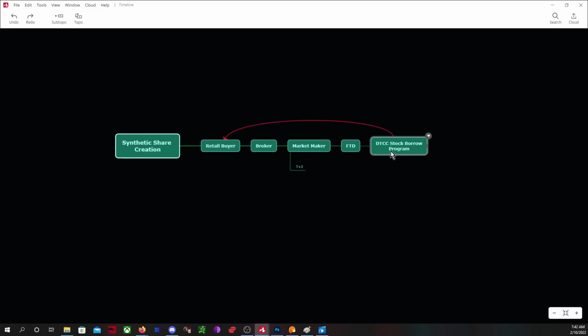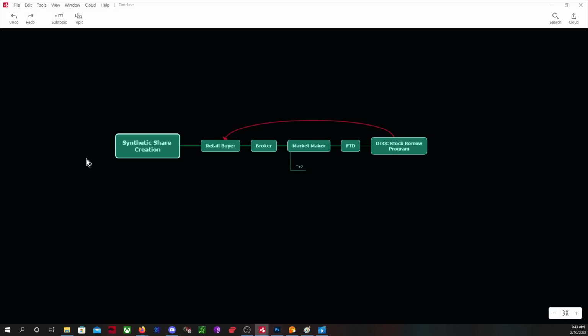So the reason that synthetic share creation destroys price of stocks is because it dilutes the value, right? Every time you print a new share in a company, that value of that company has to be split amongst that new share, right? Because you're diluting down the market cap. So that's one way that it destroys price.